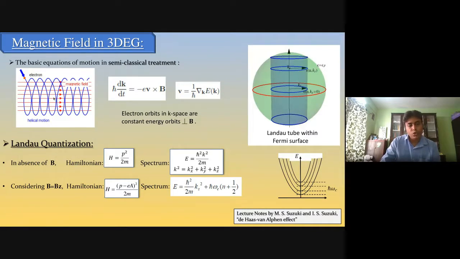But if you go to the momentum space, the k space, you have these semi-classical equations of motion in the k space, and that indicates that even now in the k space, the electronic motion will be given by these 2D cyclotron loops. But the difference here is that those cyclotron loops can be in different parallel planes, designated by constant values of kz, where z is the direction of the magnetic field.